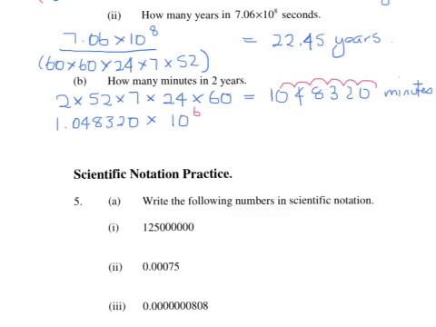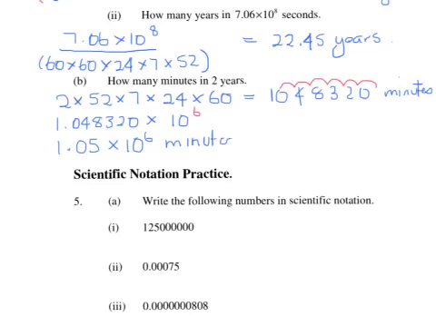The only problem with that is that the number is quite long, and most of the numbers that we give in scientific notation have been rounded off. So I'm going to round this one off to 3 significant figures. So it will become 1.05. The 0 in the middle is significant, and 10 to the power 6 minutes.